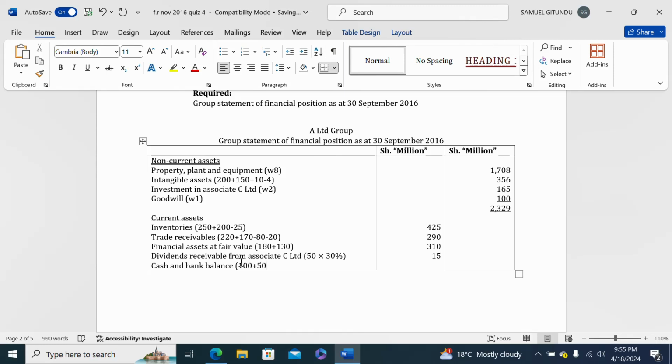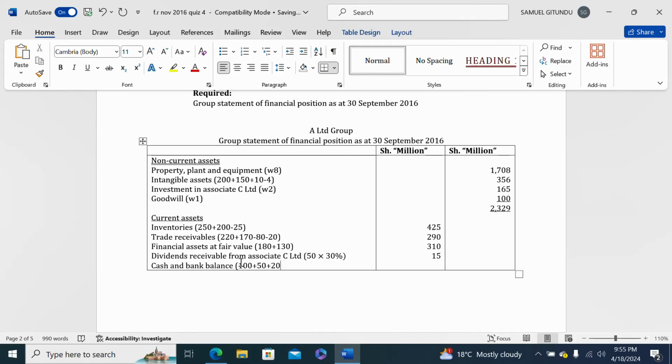And remember, there was cash in transit of 20 million. The cash in transit means this was the check which was sent, but it was not yet received. It is not in either A or B, so you have to make that cash to be received.